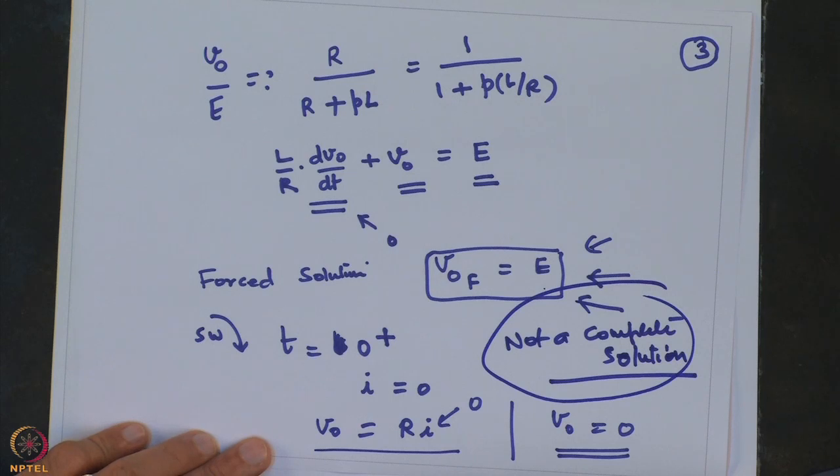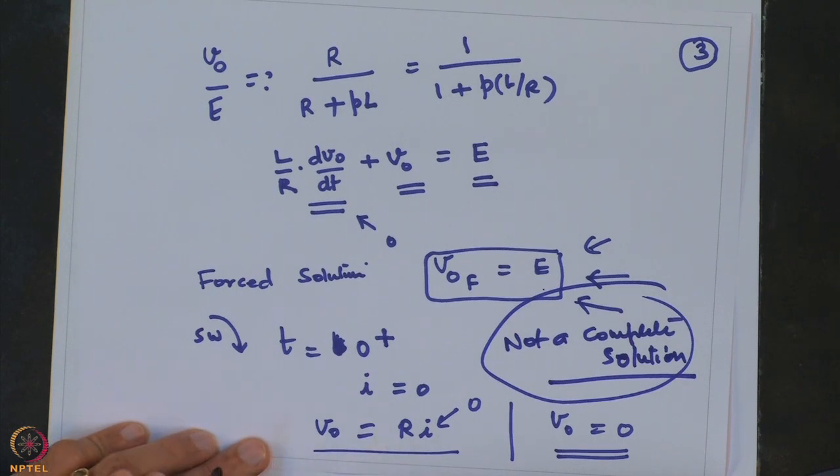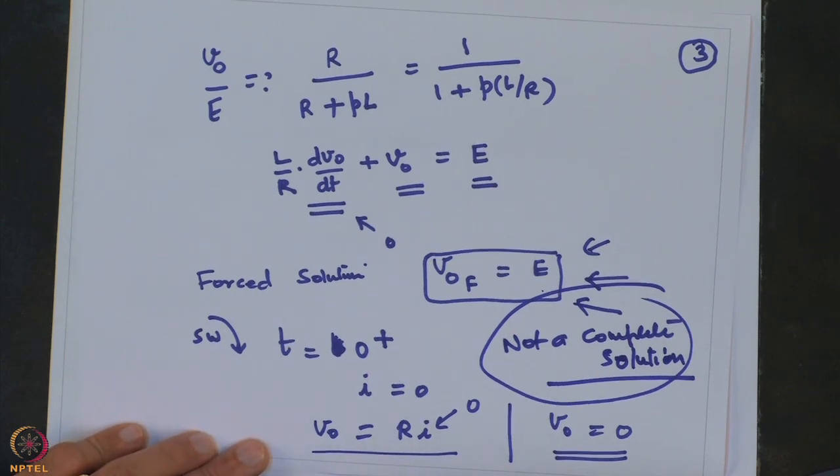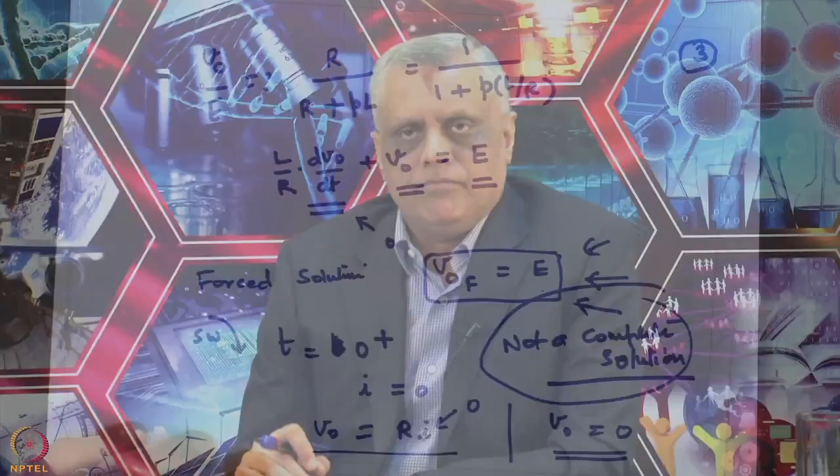There must be something else in this solution which will make it valid for all times starting from t equal to 0 plus all the way up to a long time, which is actually called the forced state, or steady state.